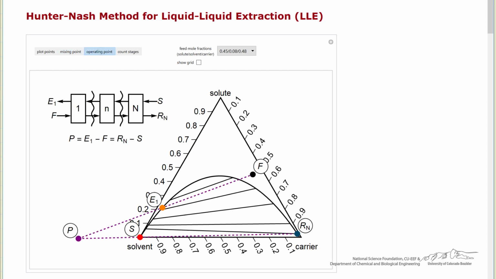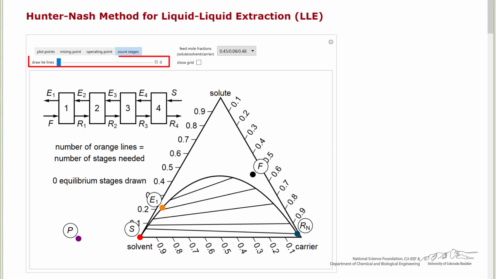The operating point we obtained because of mass balances that relate E1 and F and S and Rn, and those are described in the other screencast on the Hunter-Nash method. So we have the operating point, and then we can count the stages.